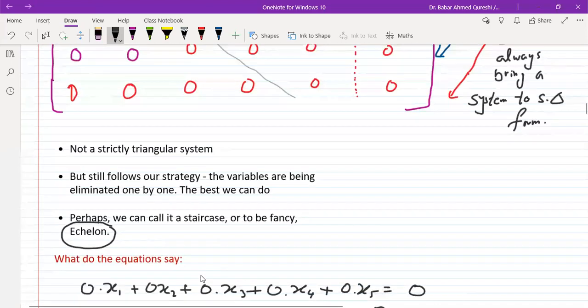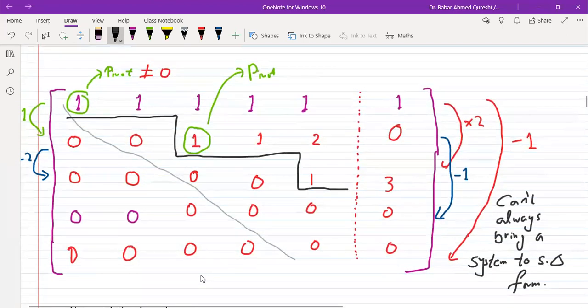So our strategy becomes: keep eliminating variables. Try to make it a triangular system. If you encounter a staircase, if you encounter a zero column and you can't do anything about it, just move to the next column and take the first non-zero entry in the next column and make everything below it zero and keep going.